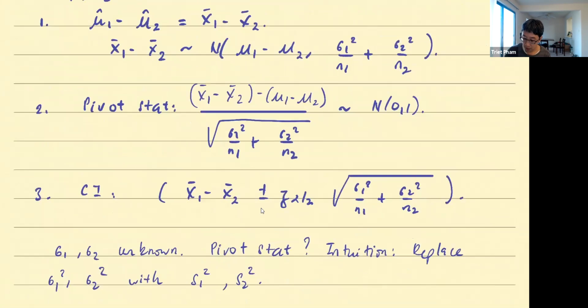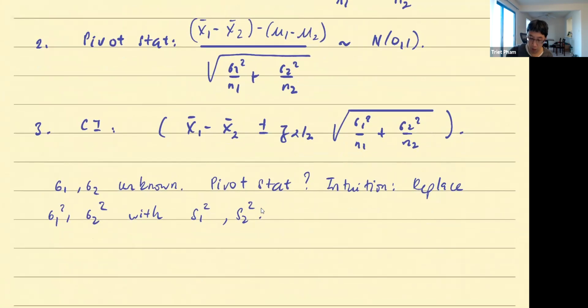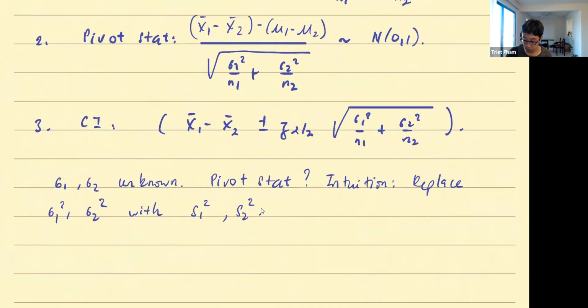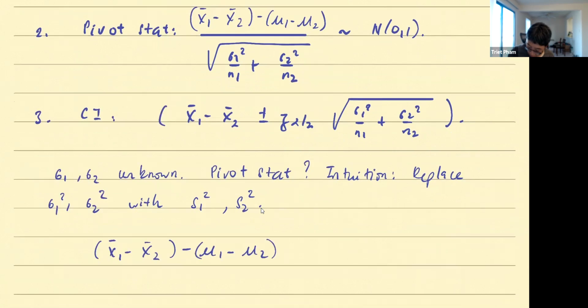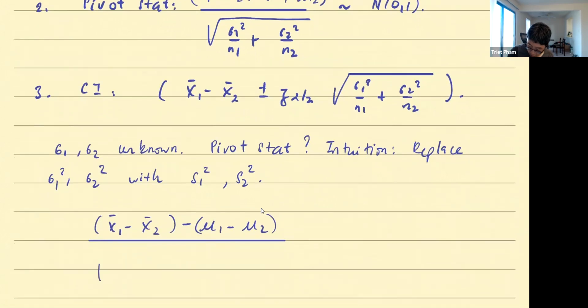So let me demonstrate here. The situation becomes more complex. Before, this was a pivot stat. Let us, kind of blindly, just replace sigma 1 with S1 and sigma 2 with S2.